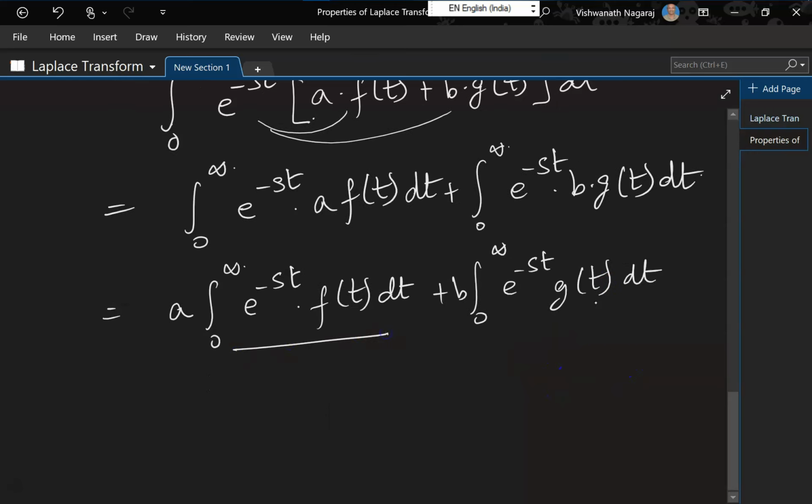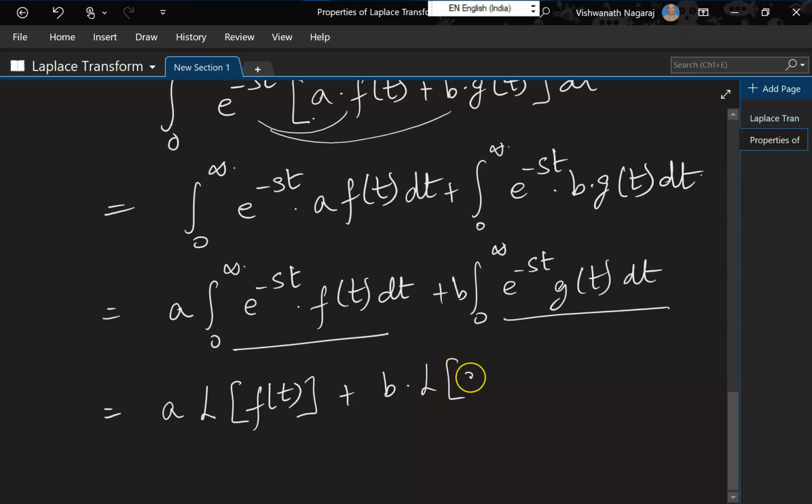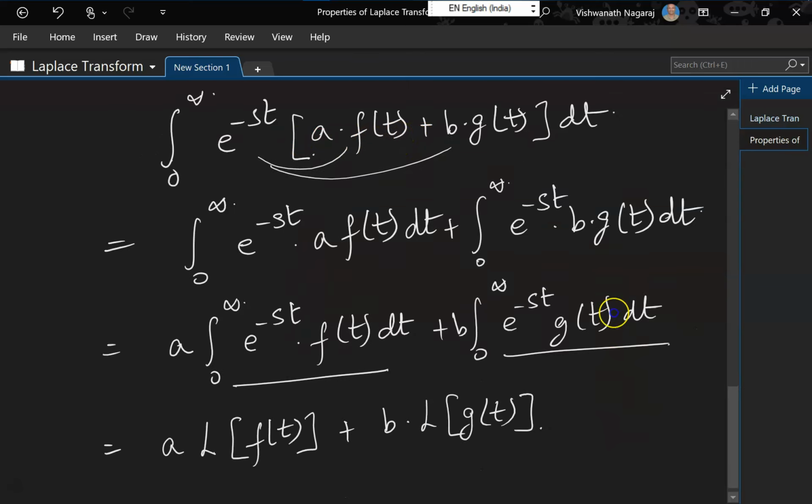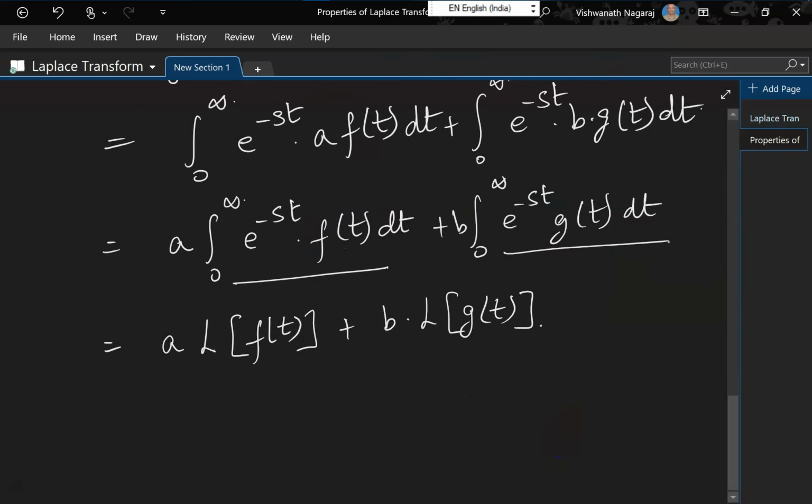And if you notice, this is nothing but the Laplace transforms: a times Laplace of f of t plus b times Laplace of g of t. Sometimes you will end up in situations like this, and at that time you can just take the transforms individually.